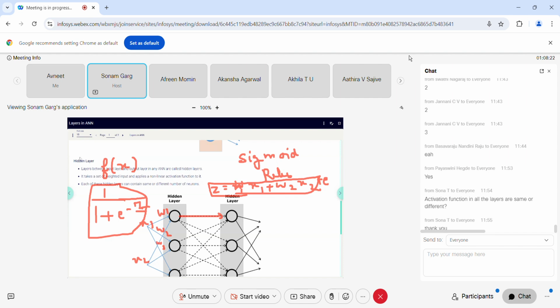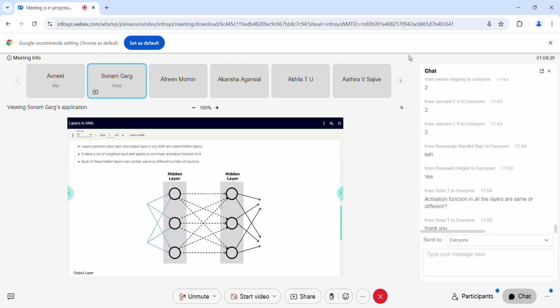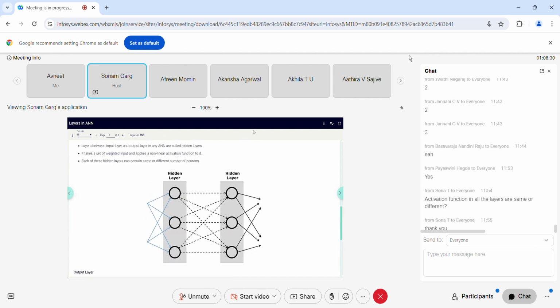In the first round, these parameters are randomly assigned, and then some output is produced. Let's say when you assign some random weights, you get non-diabetic. You have given the age of the person, let's say 65, and the sugar level, let's say greater than 100.